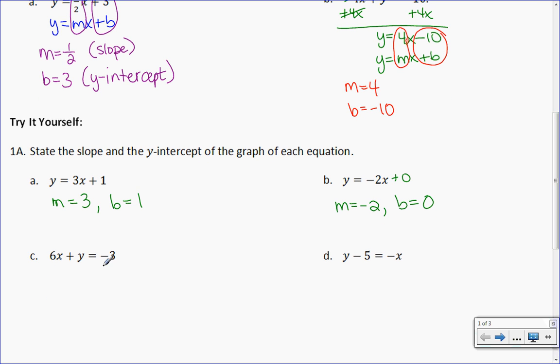For C, you should have rearranged this so that it was solved for y, so that it looks like y equals mx plus b. So then you should have gotten m is negative 6, and the y-intercept b is negative 3. And then for the last one, here m is -1, and b is 5.